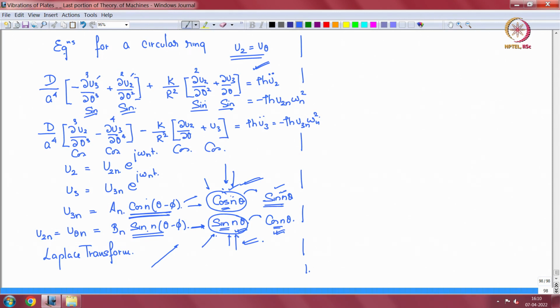Okay. So having said that, if we substitute this back into these equations now, what do we get? We get a matrix again, in an and bn.